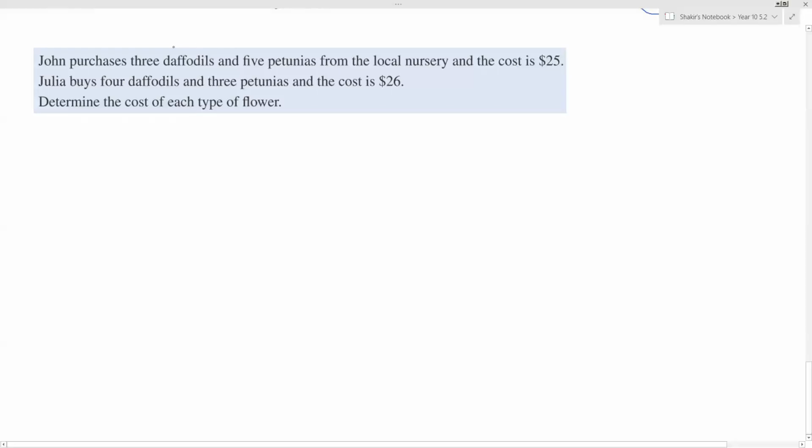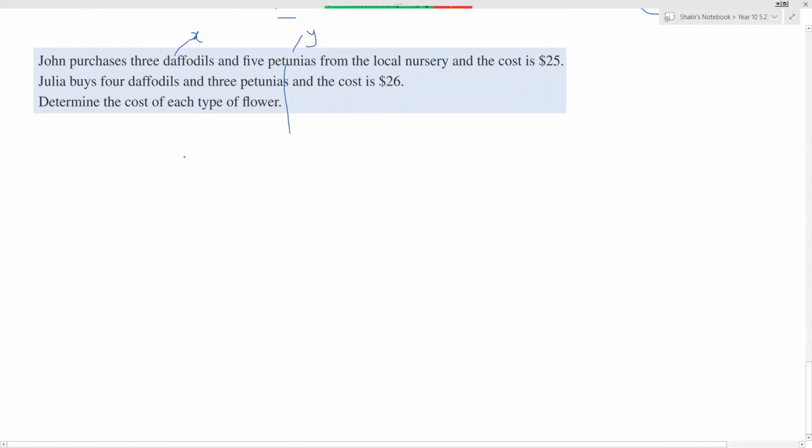Okay, so the cost of daffodils, I'm going to call X, and the cost of petunias, I'm going to call Y. It's very important that you don't say, I'm going to call petunias Y. No, it's the cost of petunias. It's a very important distinction.